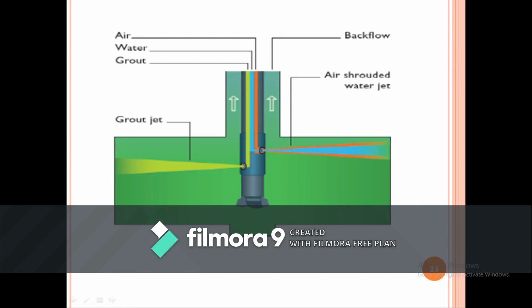So see the slide over here. In this slide you can see there is a grout jet and an air shrouded water jet, and from there you supply the grout. All three processes are done simultaneously, one after the other, continuously. You have three pipes, and it creates an erosion.